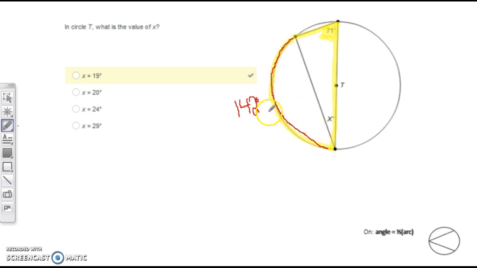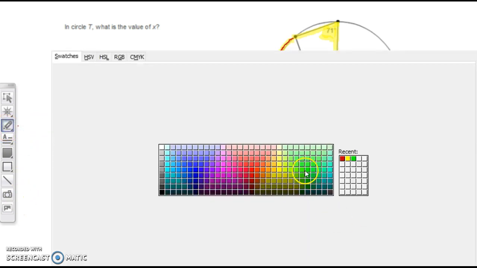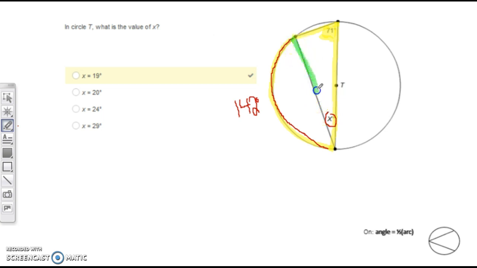Okay, but that still doesn't answer the question. We're trying to figure out what x equals. So now let me highlight x. This is angle x, and it's intercepted by this arc. Well, we don't know that angle or that arc yet, but we do know that this is a diameter.